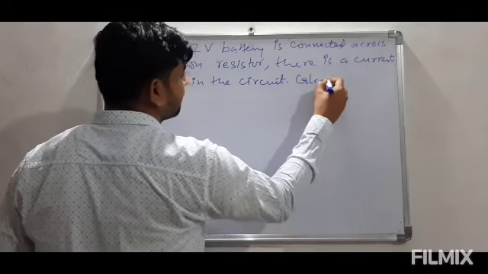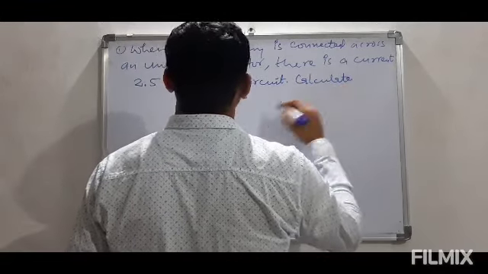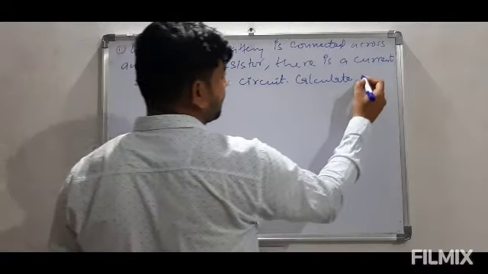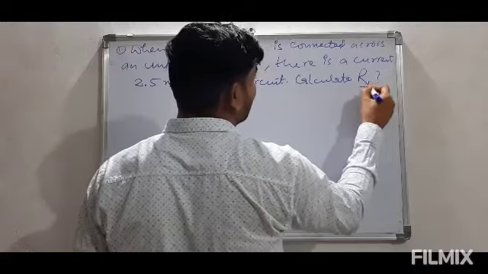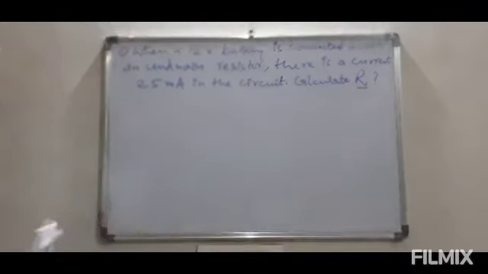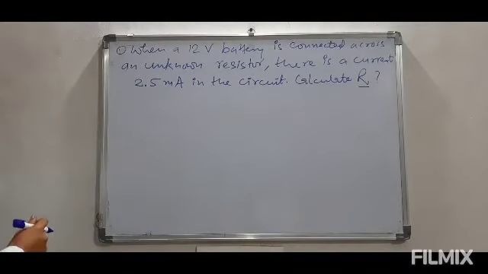Calculate what the unknown resistor is. So calculate R. Here we have to calculate the resistance of that unknown resistor.